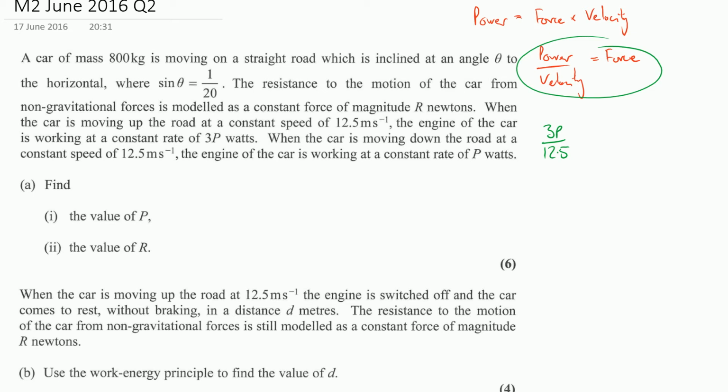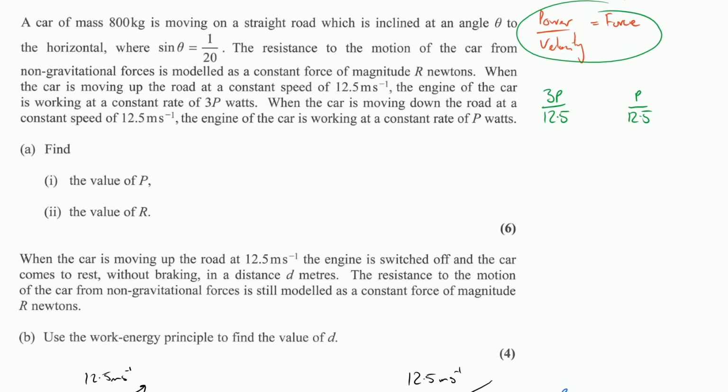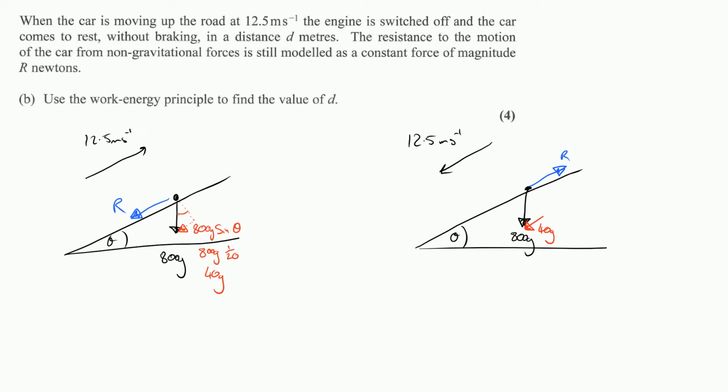And conversely, when it's moving downhill, I've got p over 12.5, which is going to give me the force moving downwards.